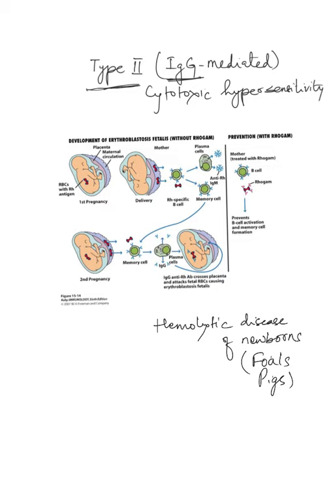So what happens in foals, for example, is that the antibodies cannot cross the placenta, but these iso antibodies are present in the colostrum, and when the foals drink this colostrum, the antibodies can enter the circulation and cause lysis of the RBCs also. So the mechanism is pretty much the same as it is in case of erythroblastosis fetalis.